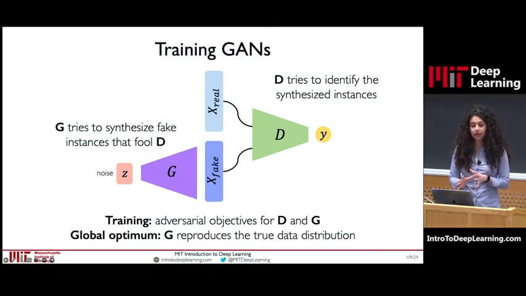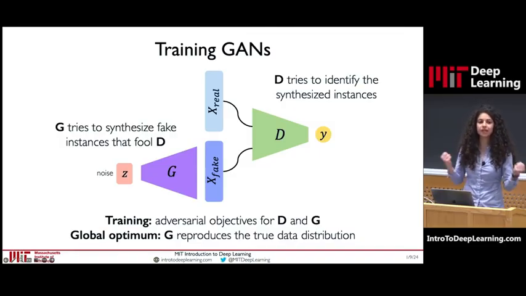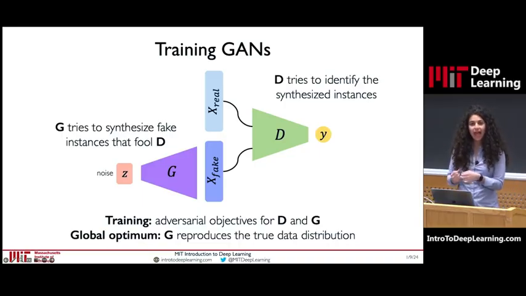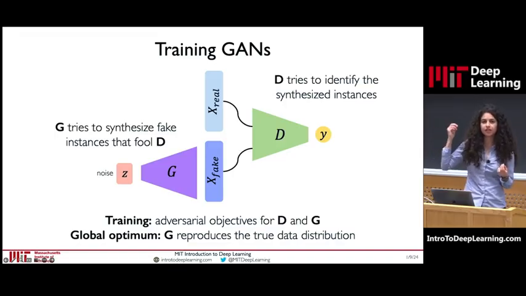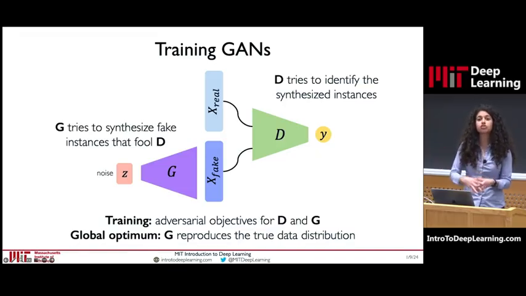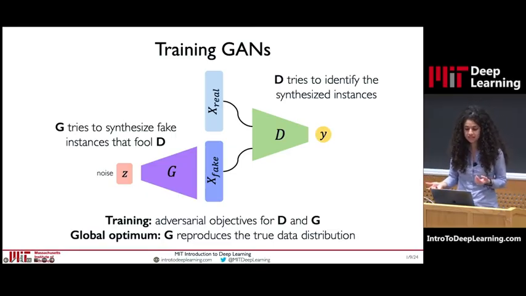And in training, the loss function that's actually set up for a GAN network composes these two competing objectives for the generator and the discriminator. If we succeed in training the GAN overall, we would have reached an optimum where the generator is able to perfectly reproduce the true data distribution, and the discriminator has no power at all in classifying these instances.